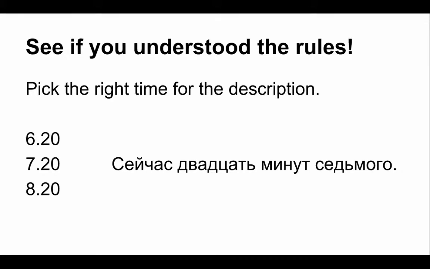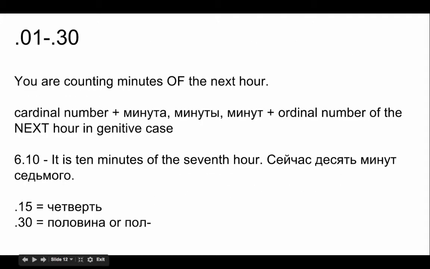Did you understand the rules? Can you pick the right time for this description? Which of these is correct for this description? Сейчас 20 минут 7. If you picked this one, you were right. 20 minutes of the 7th hour. So in the first half of the hour, what we do is we count minutes of the next hour.